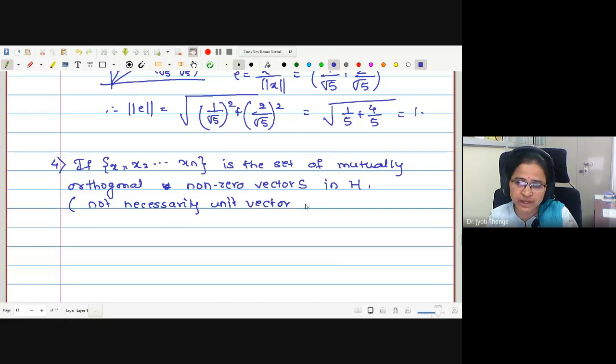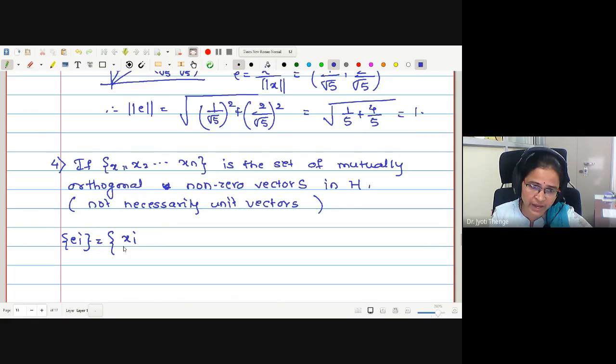Now, will this set be an orthonormal set? Surely not, because though they are mutually orthogonal, they are not unit vectors. Then what should we do? We will convert every non-zero vector in that set to a unit vector. And how can we do this? We are going to call it the set E_i.